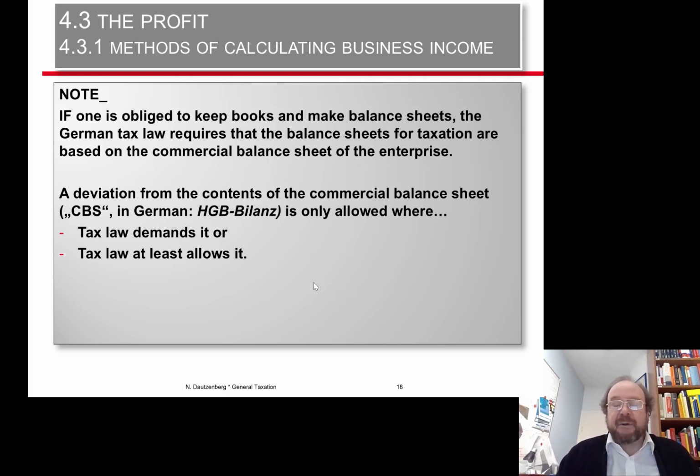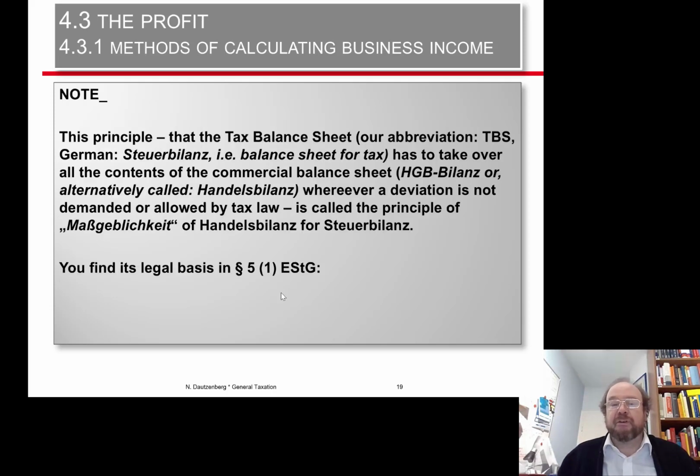Deviations are only allowed where tax law demands them or at least allows them. So that means you have to take over everything from the commercial balance sheet. Every aspect on which tax law does not speak automatically is taken over from commercial law if you make a balance sheet under commercial law.